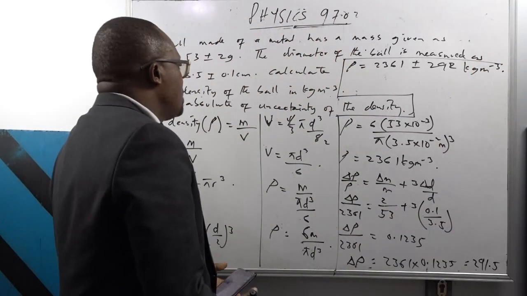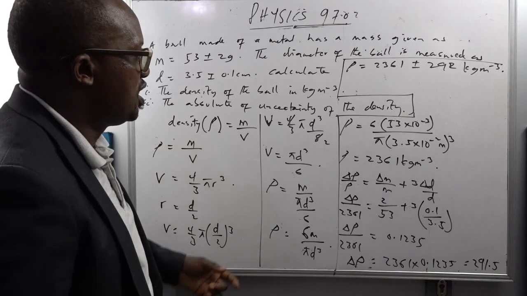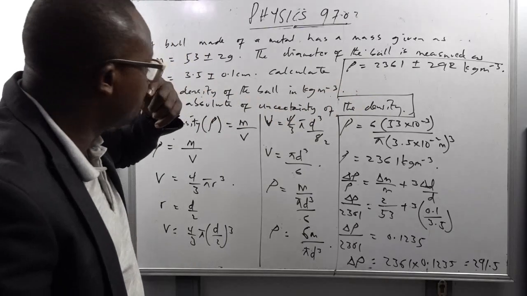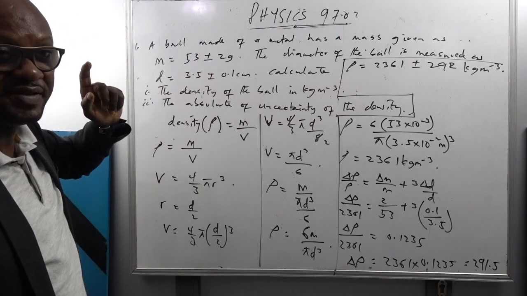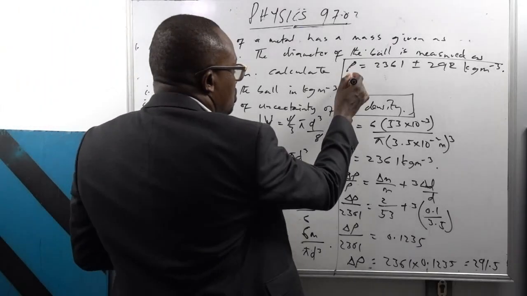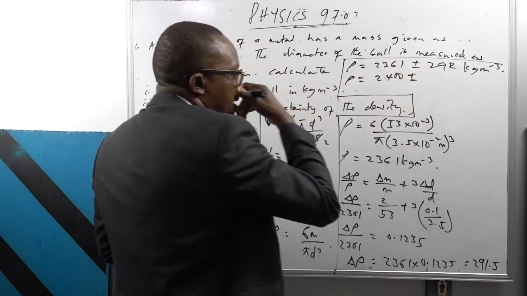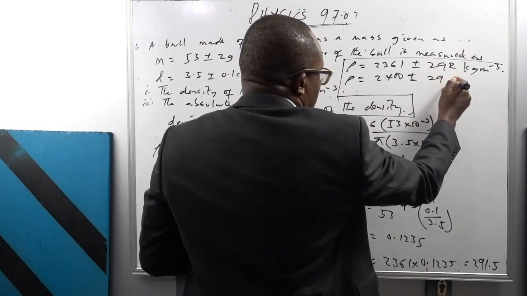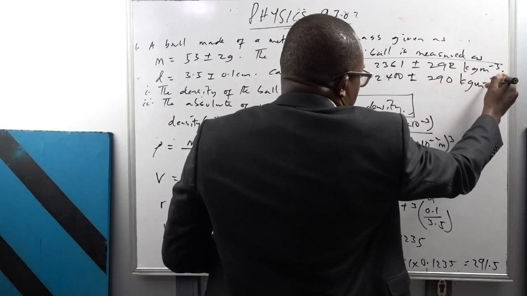So if you are required to express this to the appropriate number of significant figures, you have to express this reading to the same number of significant figures as any of its constituent readings with the lowest significant figures, which is 2 significant figures. So density will now become 2,400 plus or minus 290 kilograms per meter cube.